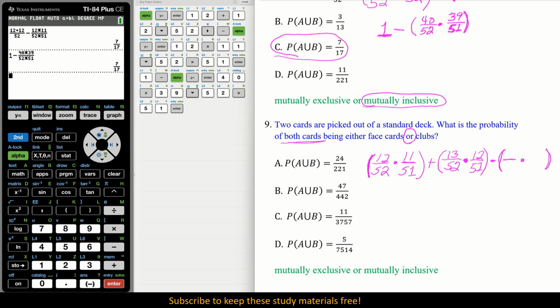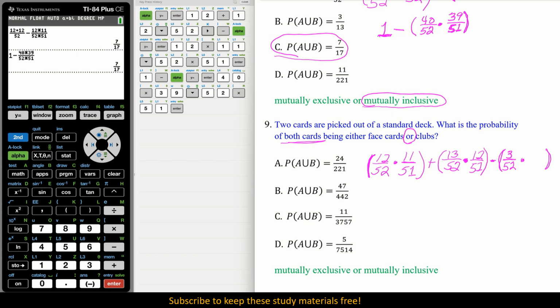In the first situation, out of the face cards, how many of the face cards are clubs? 3 of them. Remember, there's 3 hearts, 3 diamonds, 3 clubs, 3 spades that are face cards. All right, so we should say 3 there.